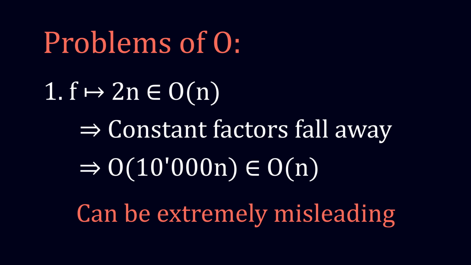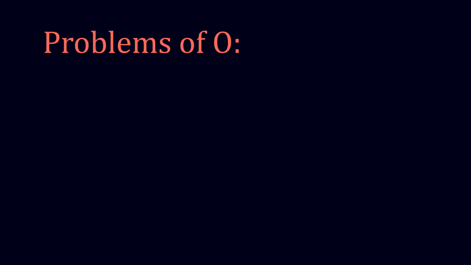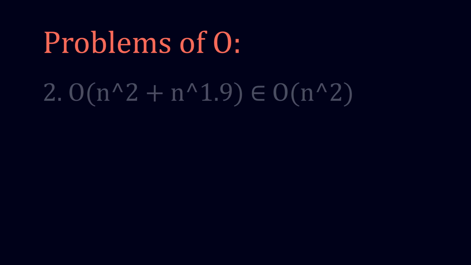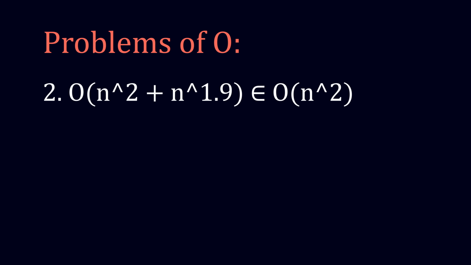These constant factors can be so huge that in some special cases an algorithm with runtime O(n²) can beat algorithms with reported O(n) runtime, especially on real hardware with real constraints. This definition also allows us to not only throw away constant factors, but even functions of n of smaller magnitude. Thus, O(n² plus n to the power of 1.9) can be written as O(n²) and be perfectly mathematically correct.